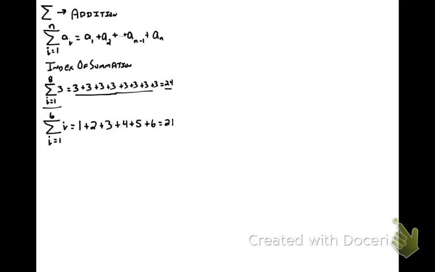Let's consider 2 more examples. Third example, the summation is j goes from 1 to 7 and the rule will be j squared. So this means we're going to start with 1 and square it, and our next term will be 2 and square it. We're going to keep going in this way until we get to 7 squared.